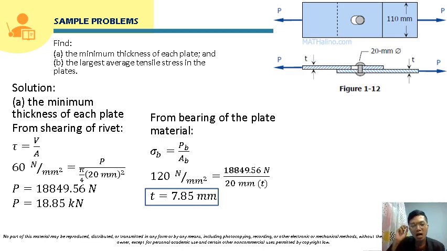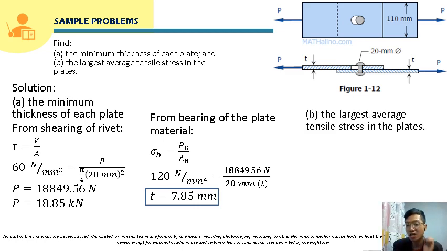Okay, so now we are going to solve for the largest tensile stress, or the normal stress, in the plate. To solve for the largest normal stress on the plate, we will analyze where the critical stress will be.